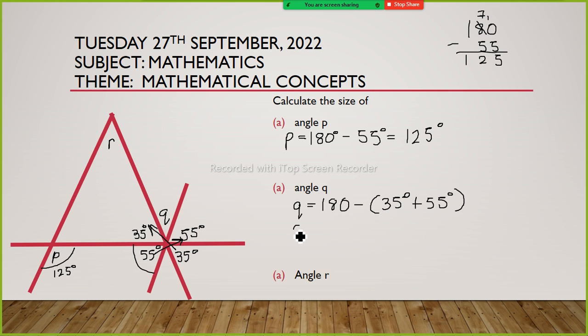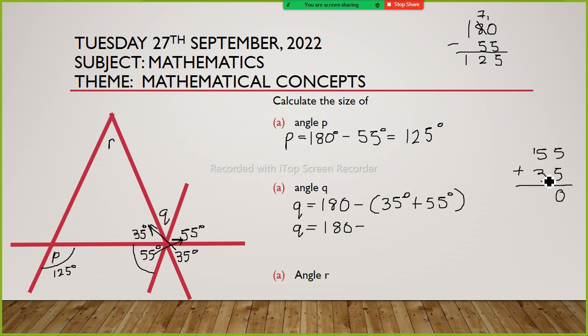So Q is going to be equal to 180 degrees minus what? What is 35 plus 55? That's going to be what? 55, 35. 5 plus 5 is 10.